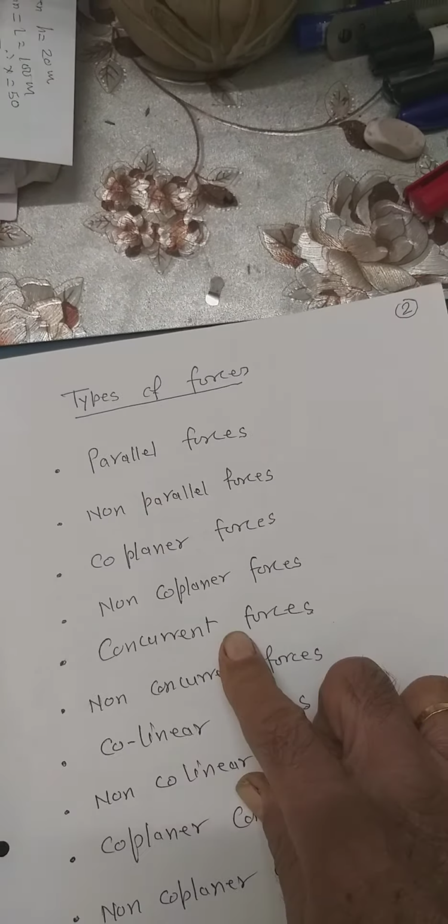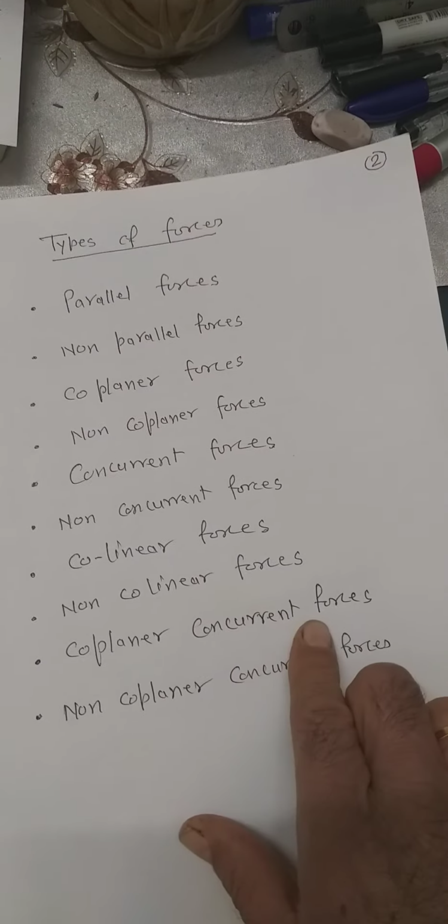Concurrent forces. When the forces are meeting at one point, we call them concurrent forces. When the forces are not meeting at that point, we call them non-concurrent forces. Collinear, when the forces are in the same line of action, we call them collinear, and when the lines of action are not the same, we call them non-collinear forces.